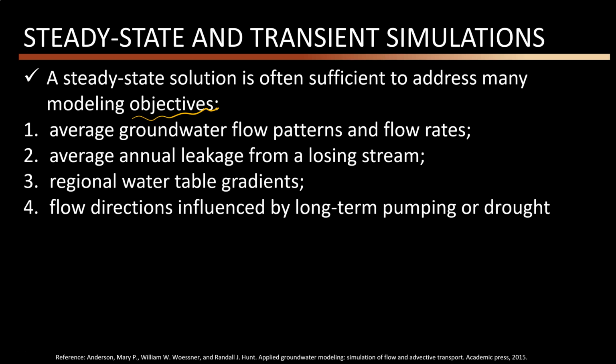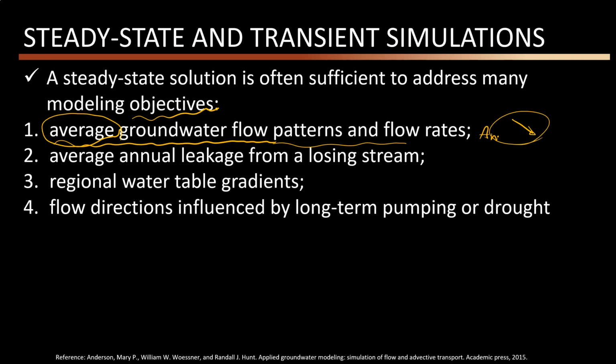Okay, so for example, the steady-state model can estimate the average groundwater flow patterns and flow rates. For example, if you want to find the annual flow rate, or how the groundwater changes annually, or what the average flow direction is, whether it is from north to west or whatever, you can simply use a steady state model.